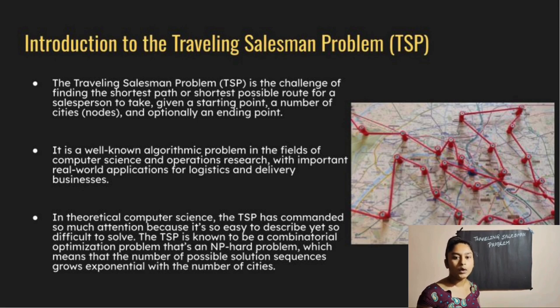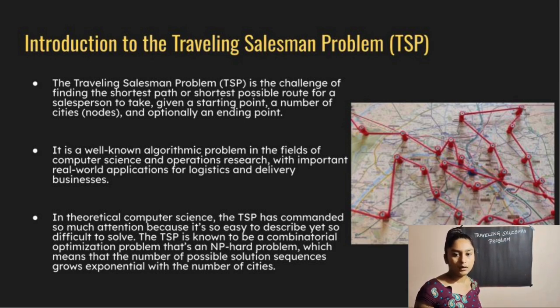It is a well-known algorithmic problem in the field of computer science and operations research with important real-world applications for logistics and delivery businesses. In theoretical computer science, the TSP commands so much attention because it is so easy to describe, yet so difficult to solve.